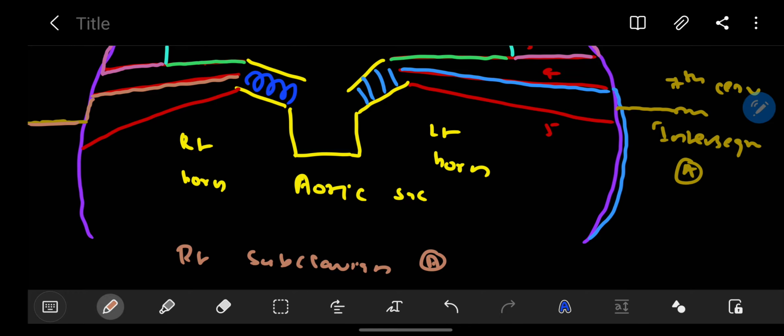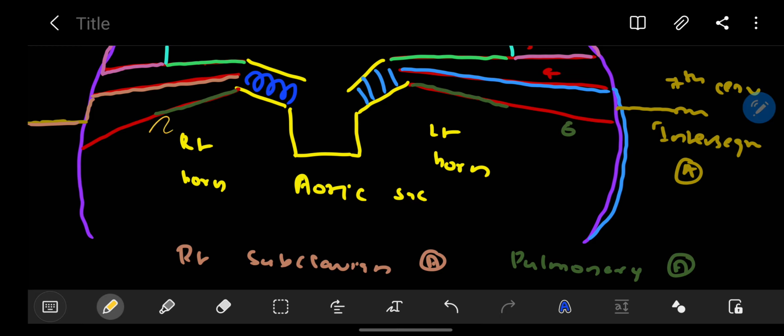It forms the right subclavian artery, and the pulmonary artery is derived from the proximal part of the sixth arch artery.